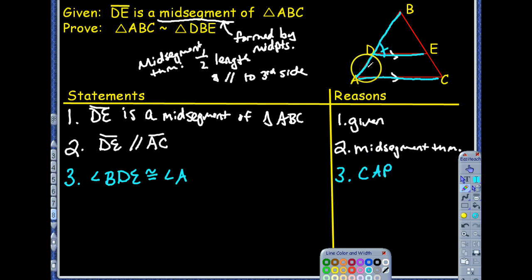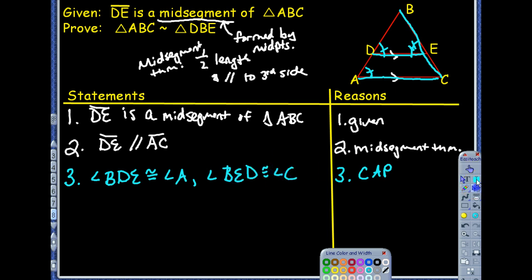So those are congruent. Now, there's another transversal, the segment BC. And when I do that, I have another pair of corresponding angles congruent. So I'm going to put it in the same step. Sounds good. So angle BED is congruent to angle C for the same reason.